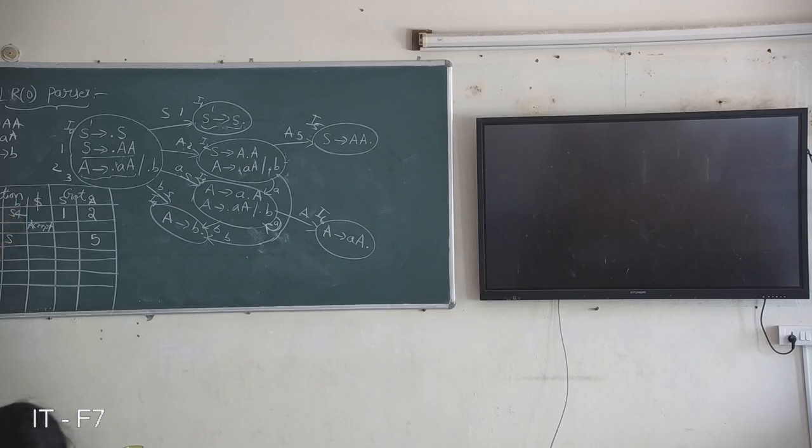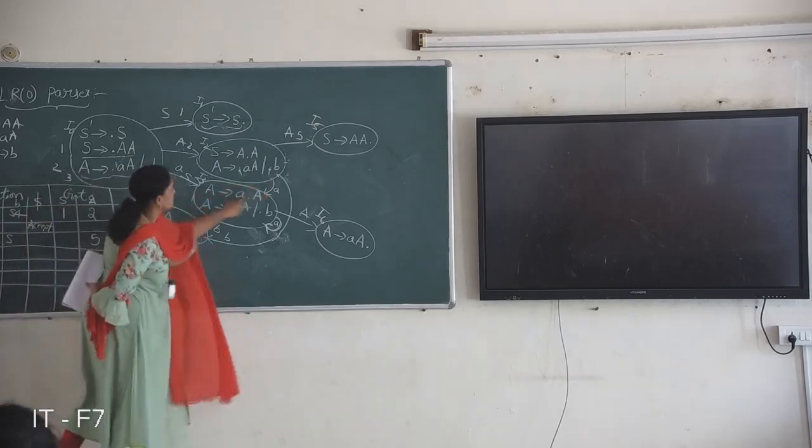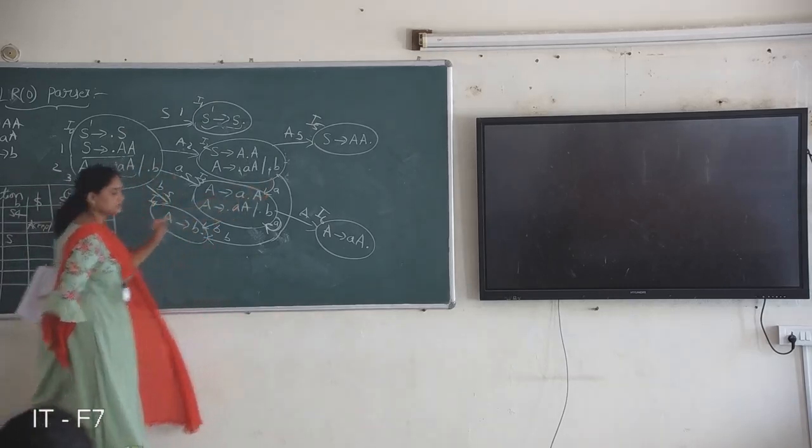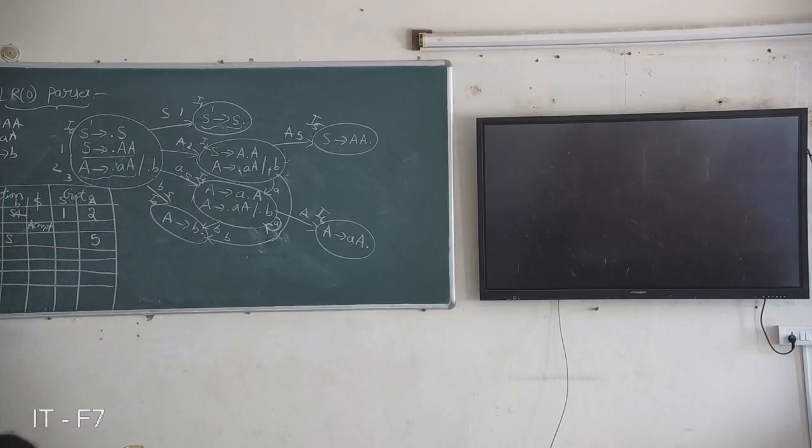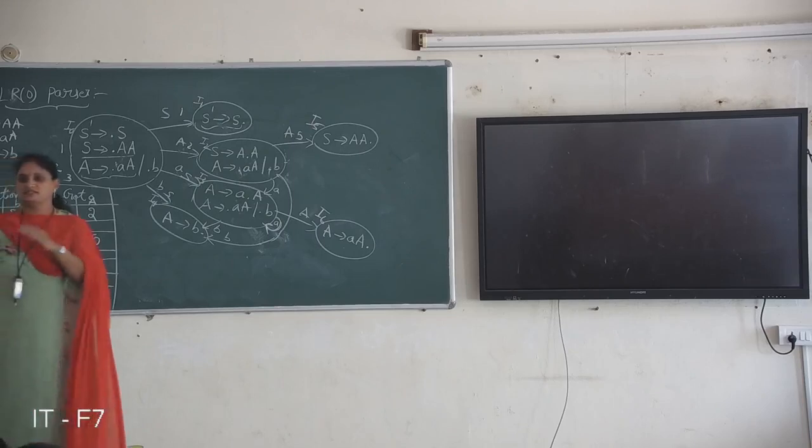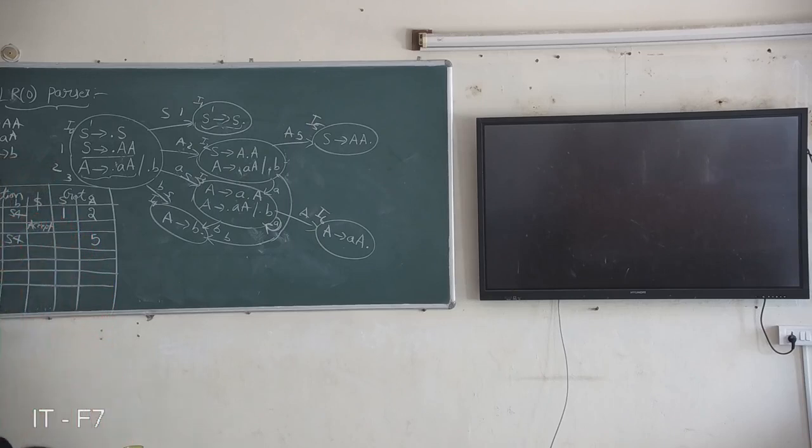So on terminals, shift action comes, right? Shift action and change the state. On a it goes to I3 state. So we write S3, and S4 on b. Whenever you see a terminal, we do shift action and at the same time we change the state. Completed, right? On second state, all transitions are completed.